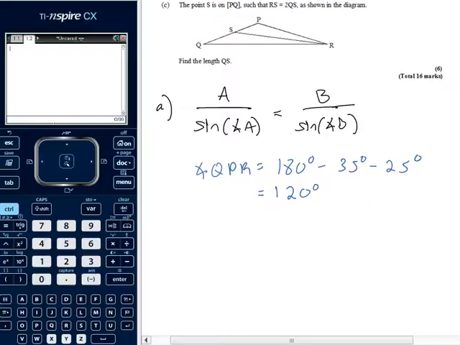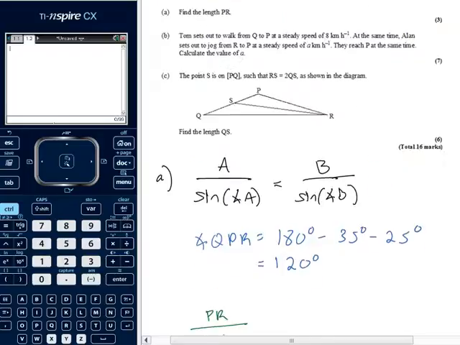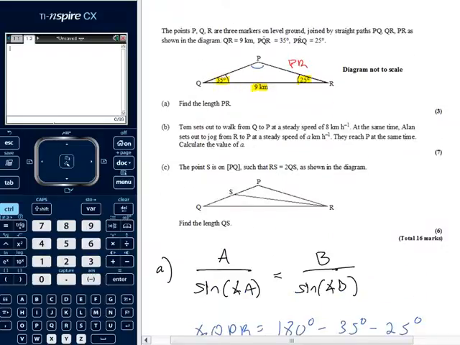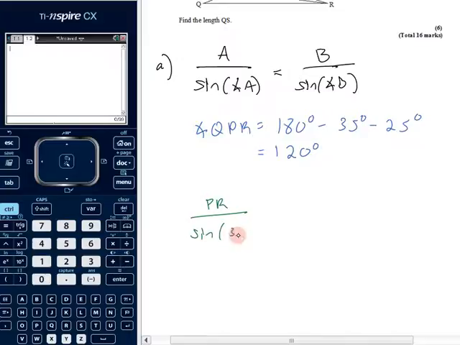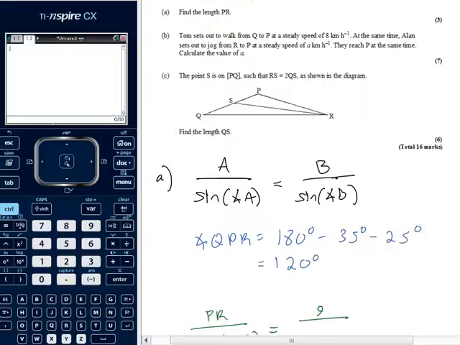Now, knowing that information, we can substitute into our sine rule. We want to know the side PR, and the angle opposite PR would be 35 degrees. Then we know another side, that'd be QR, which is 9 kilometers.